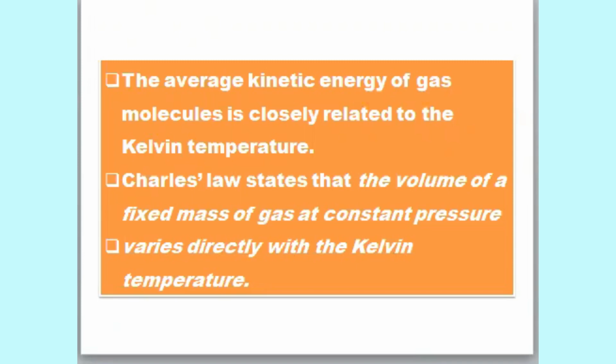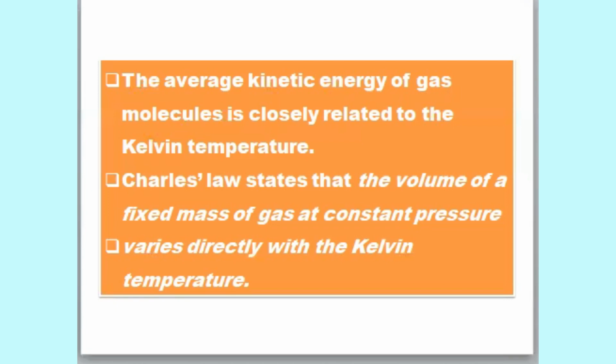That means the Kelvin scale temperature. The volume of a gas and Kelvin temperature are directly proportional to each other. For example, doubling the Kelvin temperature causes the volume of a gas to double, and reducing the Kelvin temperature by half causes the volume of a gas to decrease by half.